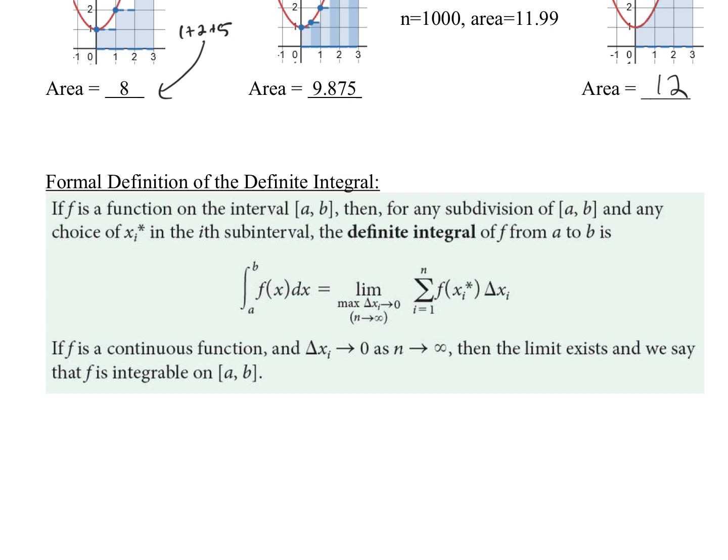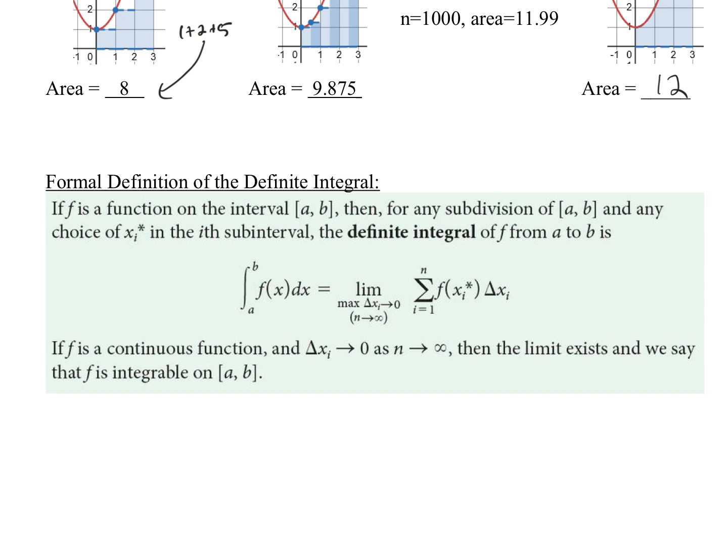Now, as a technicality, in a Riemann sum, you don't require that the widths are all equal. So in the examples that you saw up here, the widths of my first rectangles were all equal to 1. In the second set of rectangles, the widths were all equal to 1/2. They don't have to be uniform, but when you consider the limit, they do have to be all approaching 0.